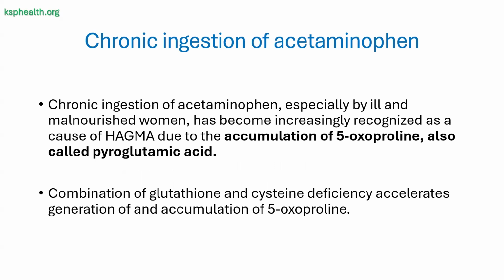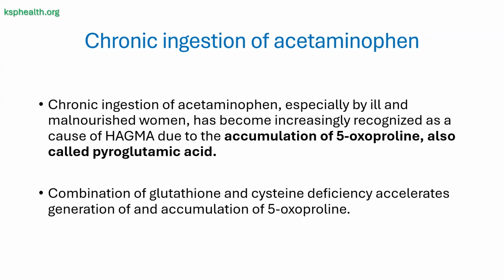The other group is chronic ingestion of acetaminophen, especially in malnourished females, that can cause high anion gap metabolic acidosis. As you all know, acetaminophen, otherwise paracetamol, is detoxified by glutathione in the liver, which is important in detoxifying the acetaminophen metabolites.